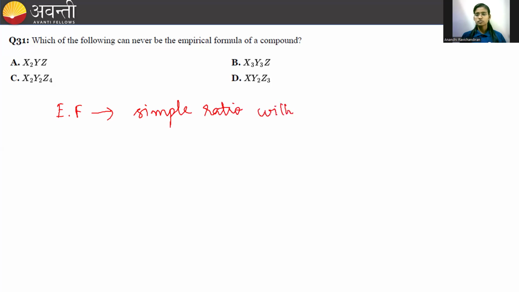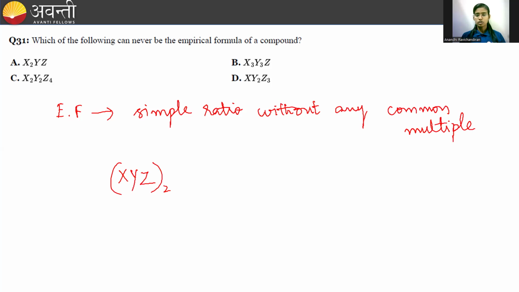Got it? And if you look into the options, in option C, the compound can be written in an even simpler ratio as (XYZ) the whole 2.